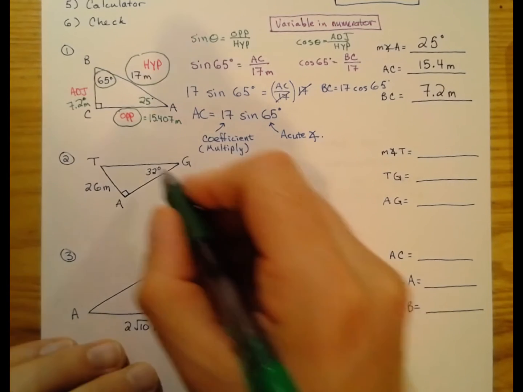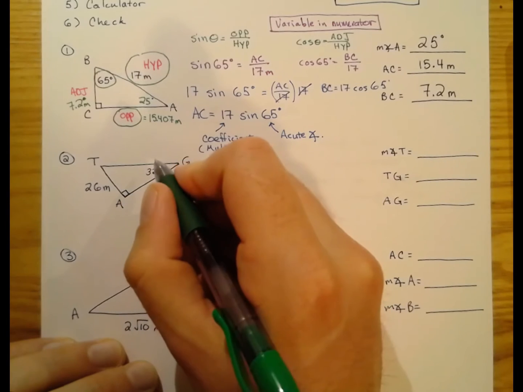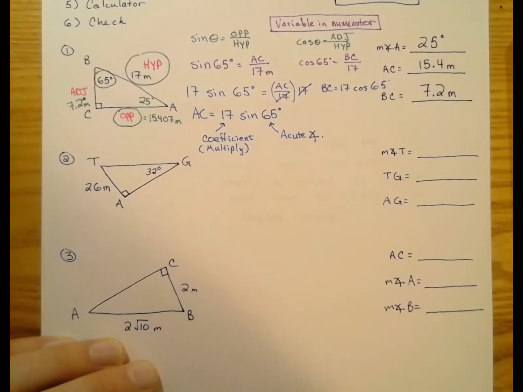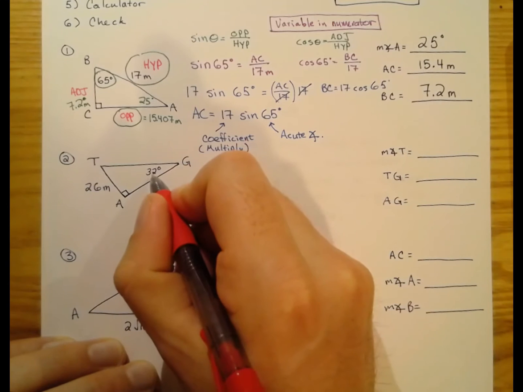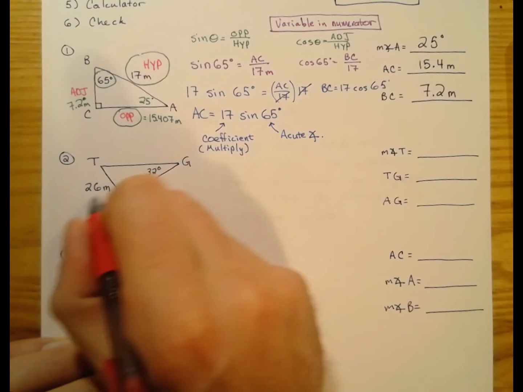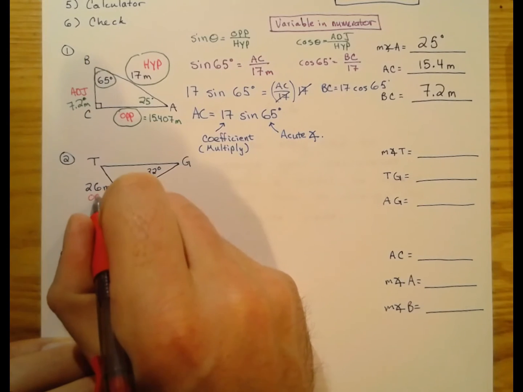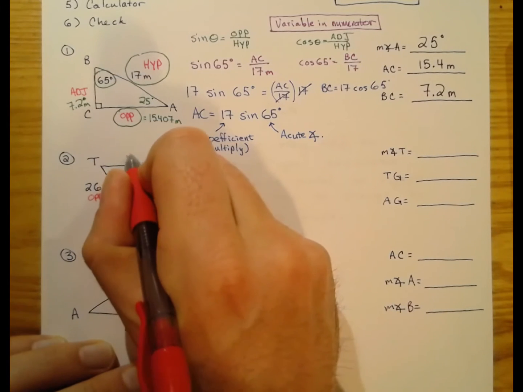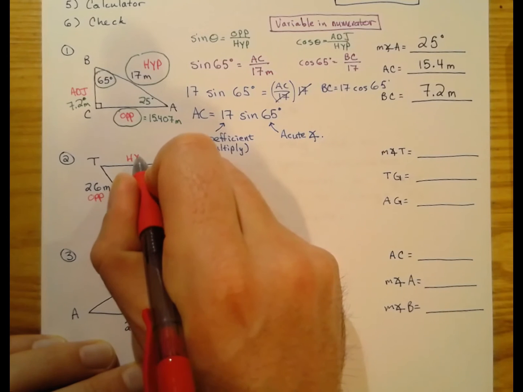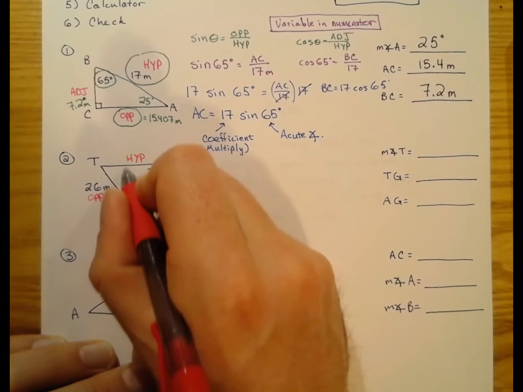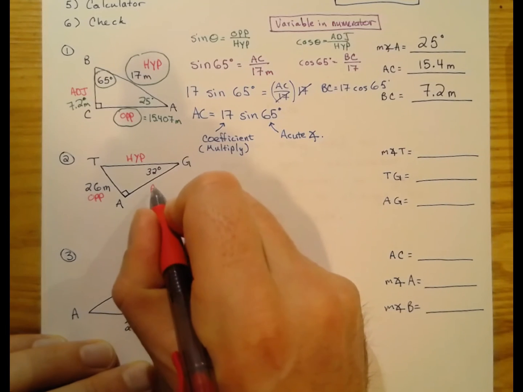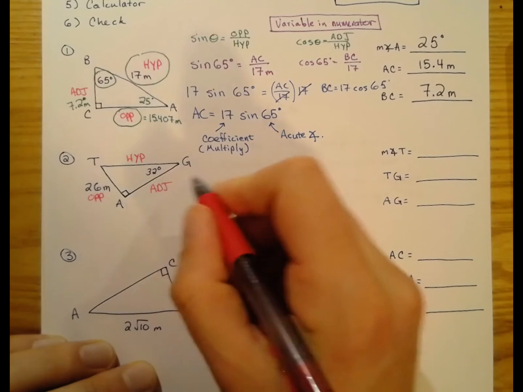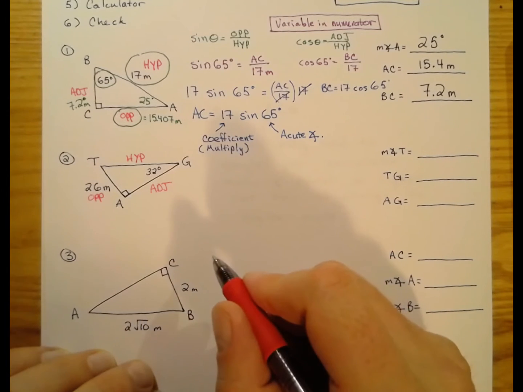I'm going to use 32 degrees. So this 26, that is the side opposite 32 degrees. It's across the triangle from that acute angle. TG here is the hypotenuse because it's across from the right angle. And the side that touches the acute angle along with the hypotenuse is always the adjacent side.